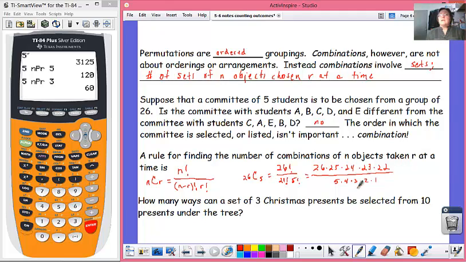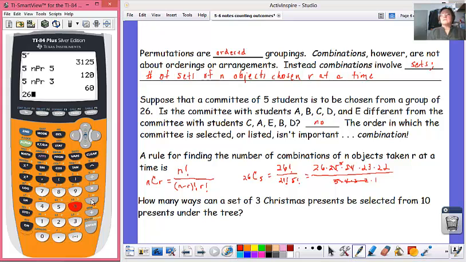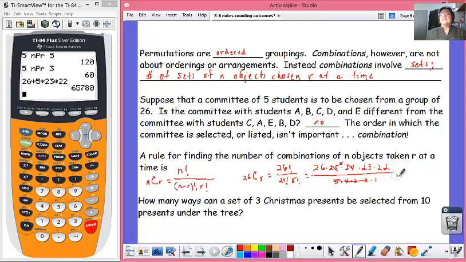There's a 24 right there. Here's a 5. And just using the formula, you can find that relatively quickly. It's certainly not as quick in this problem as with your calculator, but 26 times 5 times 23 times 22 is 65,780 combinations or sets of people from 26. That's a lot. 65,780 sets of 5 people chosen from a group of 26.